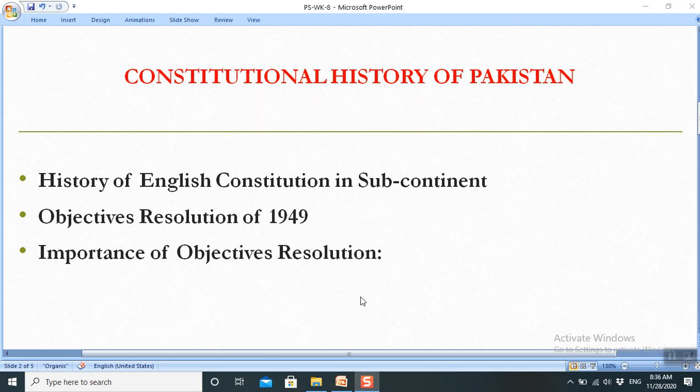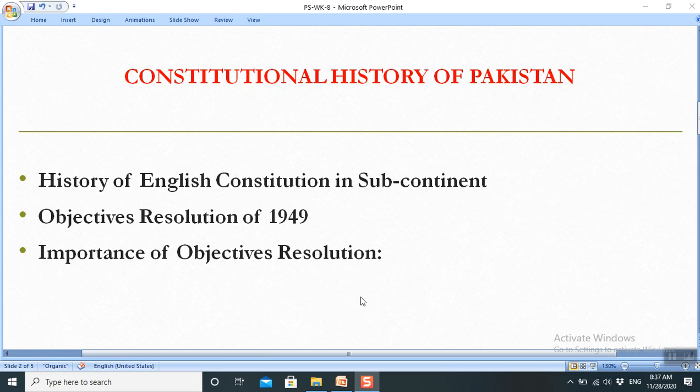So the India Act 1858 was the act formally issued by the British Crown. Fine.